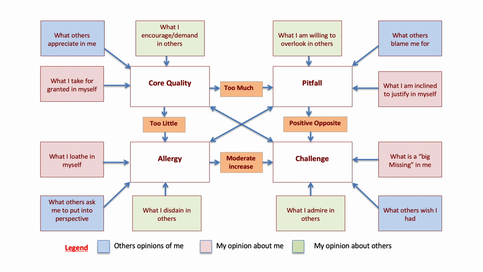The other one that I find quite useful is that awful question that you get at interviews where somebody says, okay, so tell me, if you were to improve one thing about yourself, what would that be? Now, if you've worked through this model beforehand, you know what you would like to improve on yourself because it's a pitfall. But you could say to them, actually, that's interesting because I've done a bit of work on this.